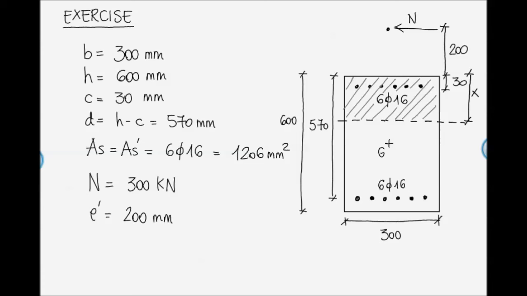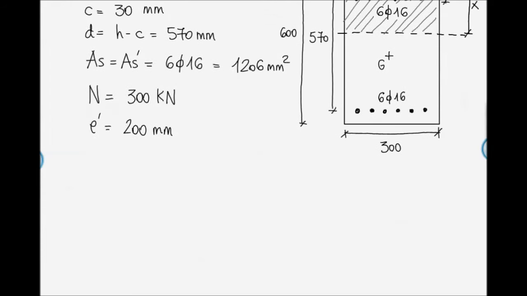So according to what we have seen, when we have a high load eccentricity, the position of the neutral axis can be found by solving this expression, Jn equal to X plus E prime by Sn, where Jn is the moment of inertia of the homogenized resistant cross-section, and Sn is the static moment of the homogenized resistant cross-section.